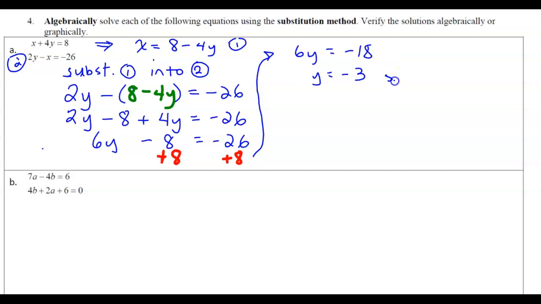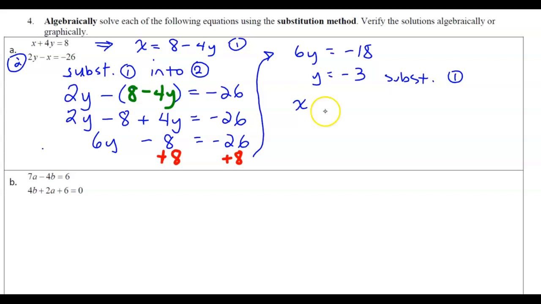So now I'm going to substitute that back into the first one. You can put it into the second one, doesn't matter, but the first one I've already solved for x. Now what you might want to do is go back into the original first one, so x plus 4y, just in case you did the solving for x incorrectly, so you're not compounding the error.